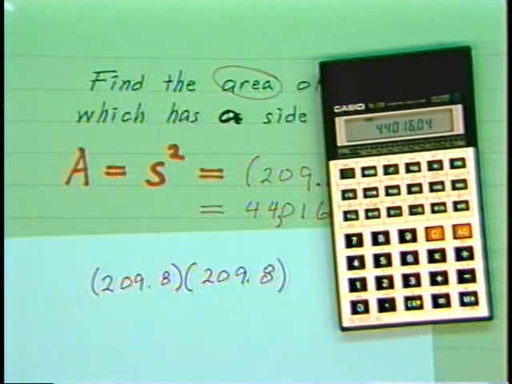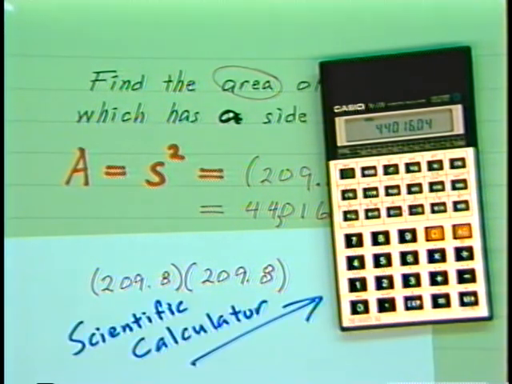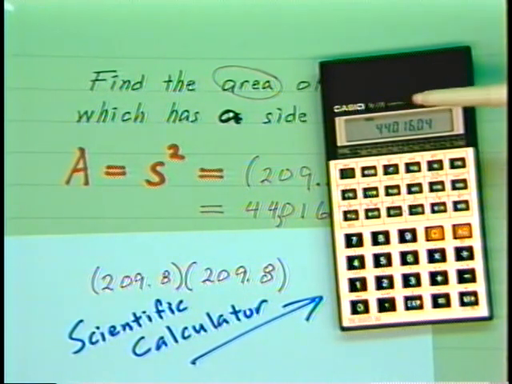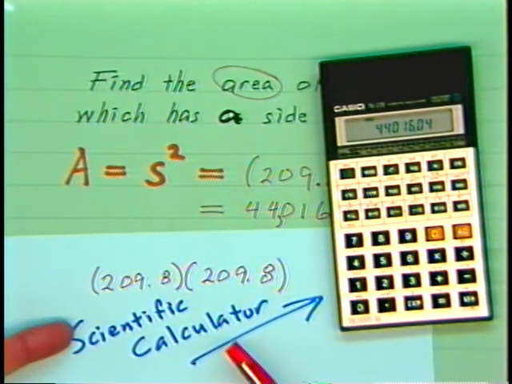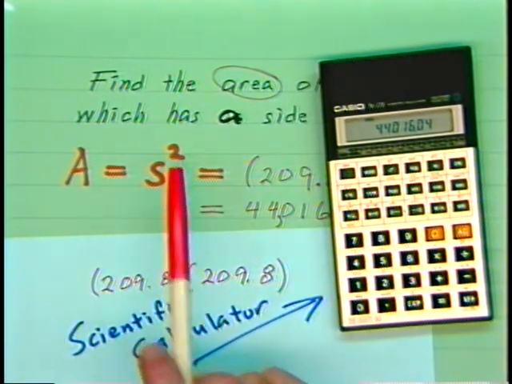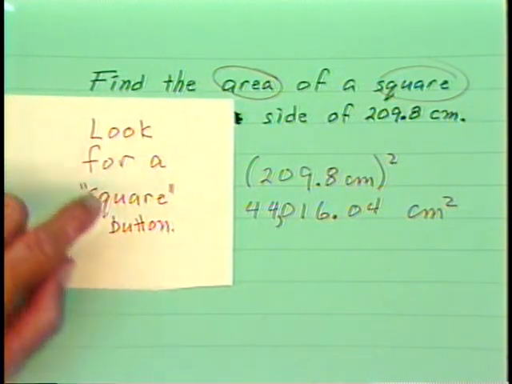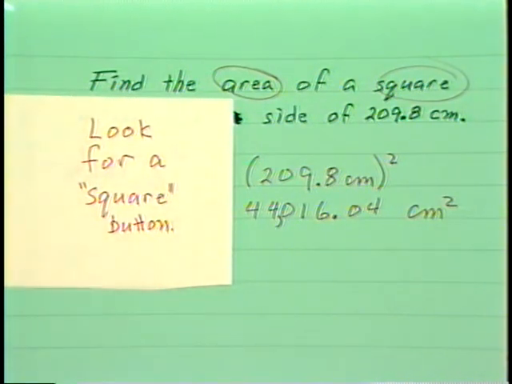And with most calculators, that is exactly the case, particularly if your calculator is a scientific calculator, as this one is. Now, if you're curious whether your calculator is scientific or not, just look on it. Right up here, this one says scientific calculator. It will say so if it is. Some calculators that are not scientific will nevertheless still have a square key. So on your calculator, see if it has what we will call a square button.